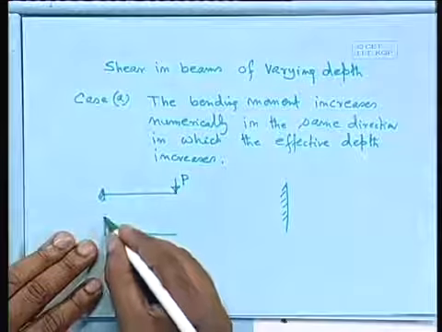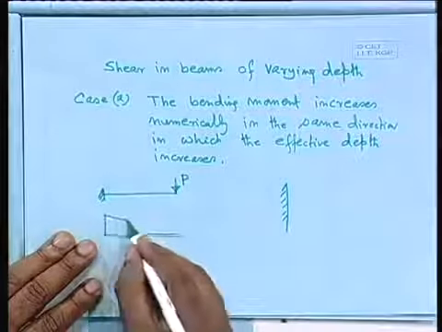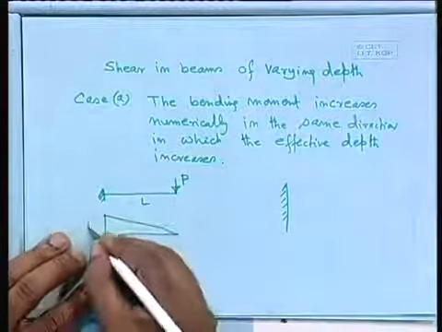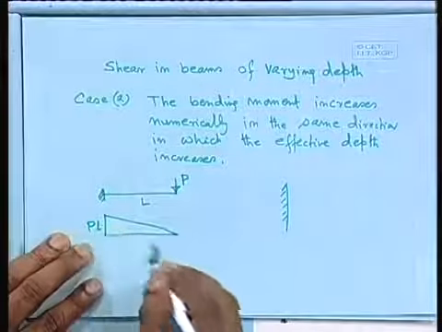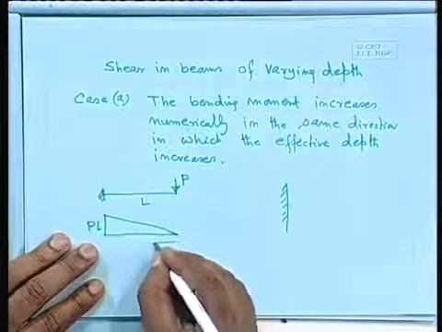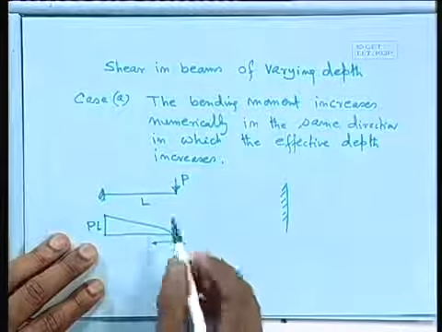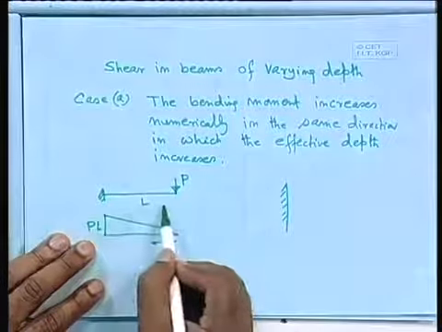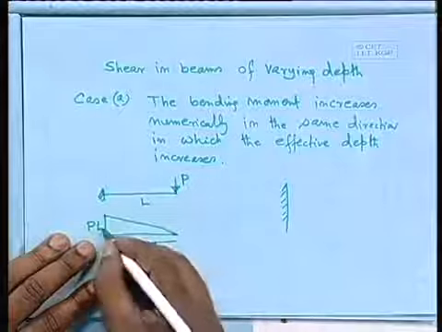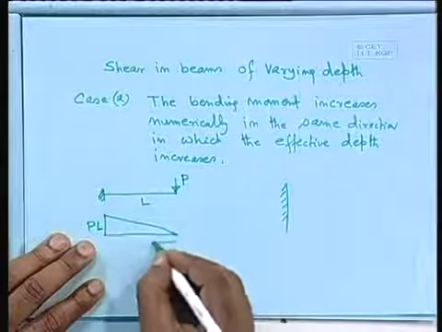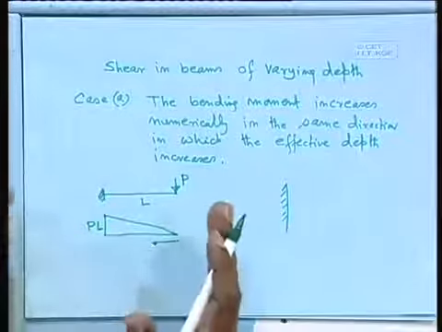The bending moment diagram, if it is L, we shall get P times L. So the bending moment increases in this direction. It's not a good practice that we shall provide the same depth.